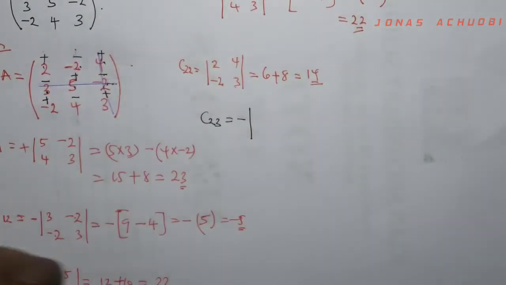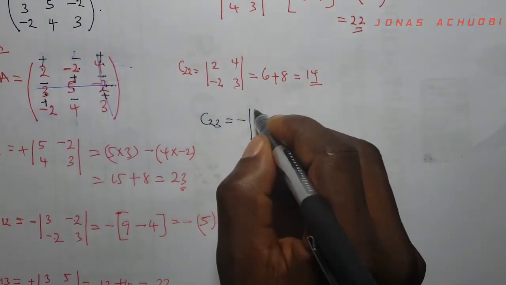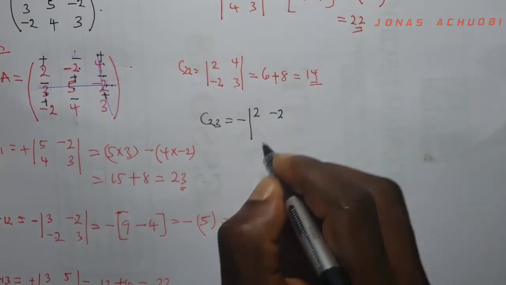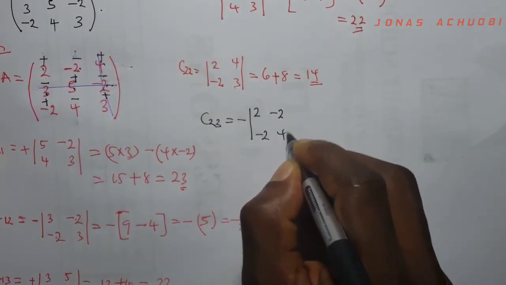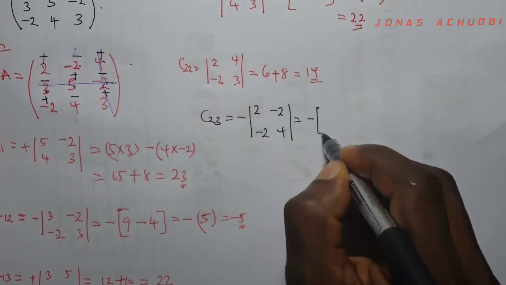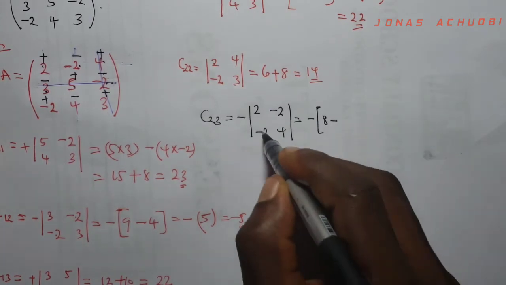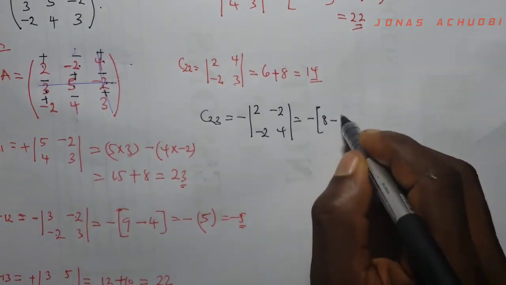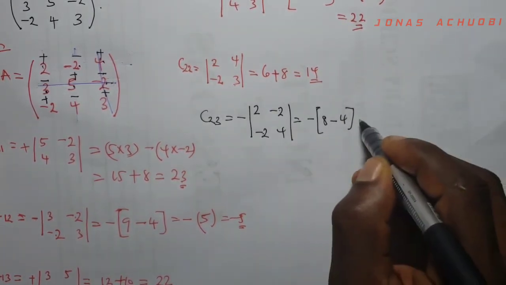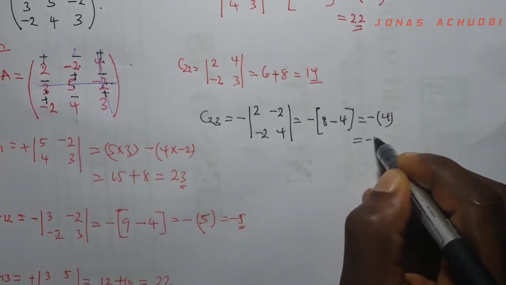Column 3, I take off. So what I have left is the minor. That is 2, -2, -2, and 4. So the determinant is minus. Be careful with it. So 2 times 4 is 8, minus -2 times -2 is 4, minus 4. So that gives us minus into 8 minus 4, which is 4. So that is minus 4.